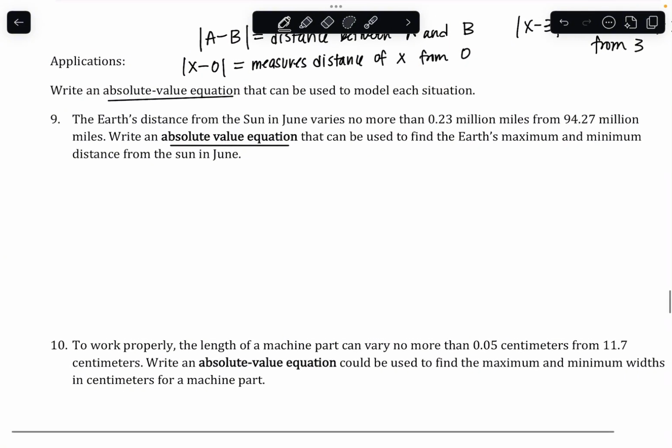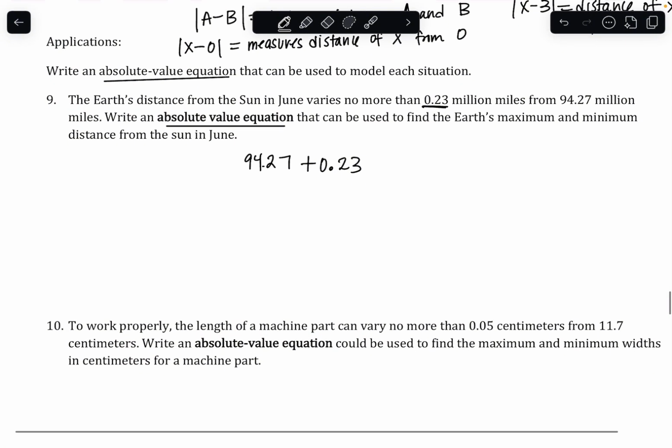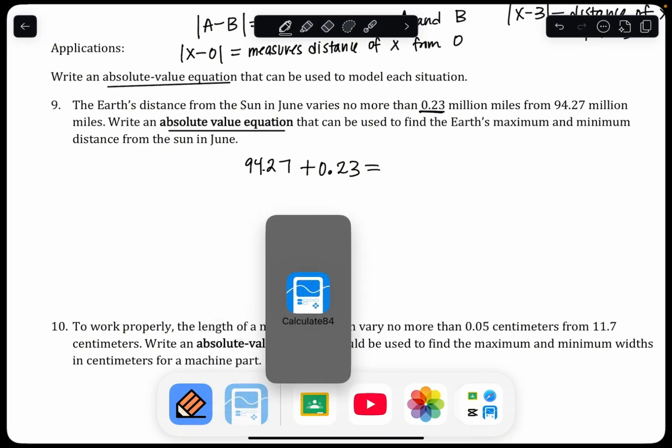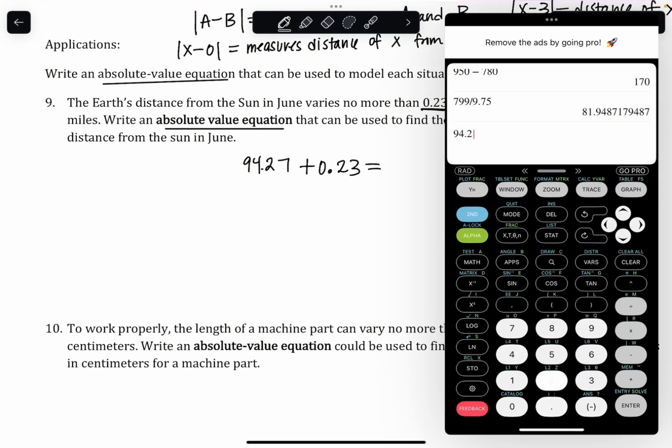And so the Earth's distance from the sun doesn't vary more than 0.23. So we could add 0.23 to the 94.27, or we could subtract. And so if I add, we can get that number exactly. Not that you need it, we're not actually trying to solve the problem.